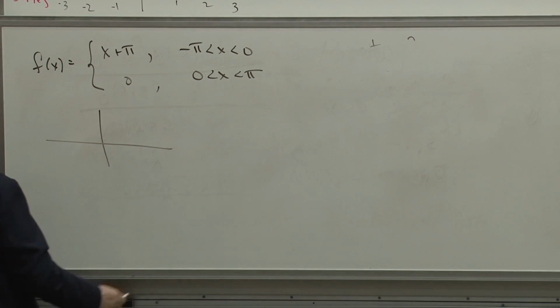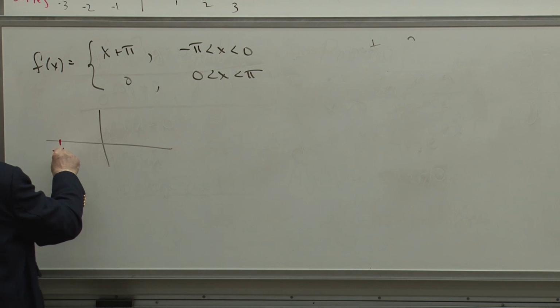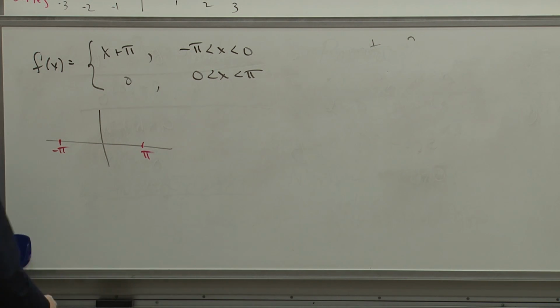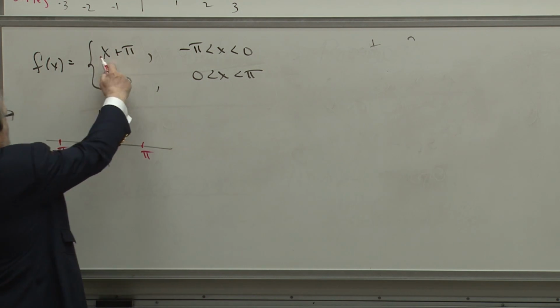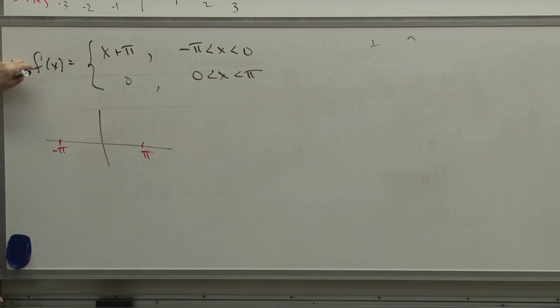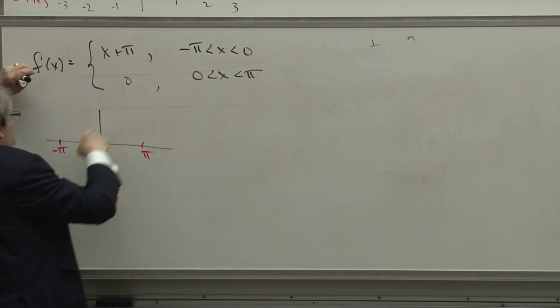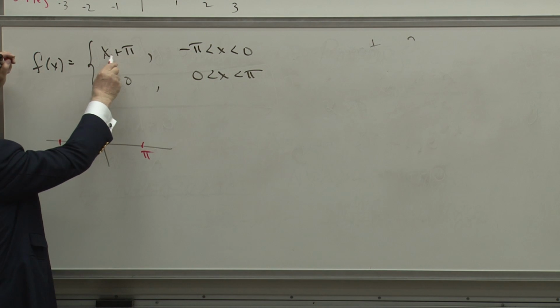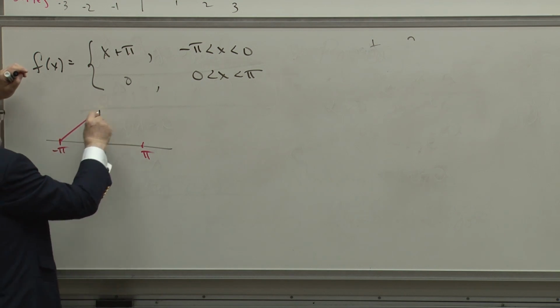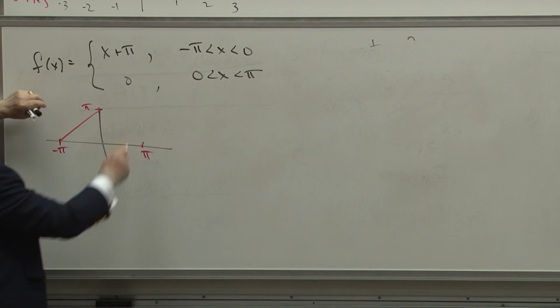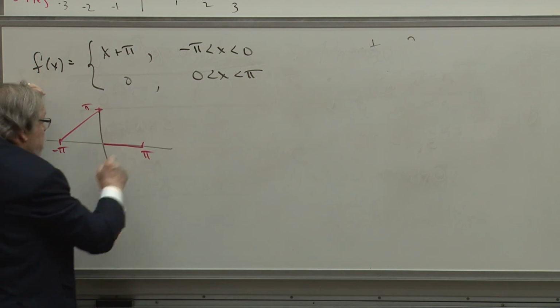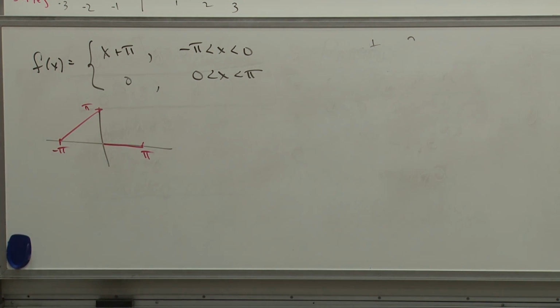Here's my red pen. So the function here, between -pi and 0, it's a straight line of slope 1. At x equal -pi, we get -pi plus pi is 0. So that goes up here up to pi, and then drops down to 0.